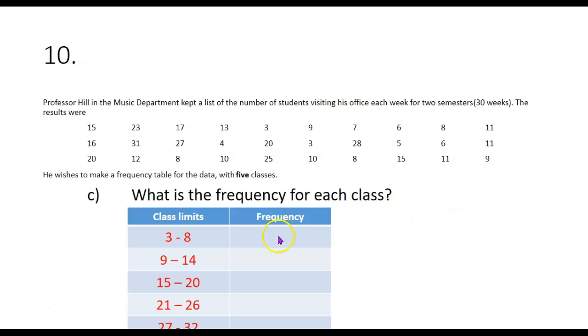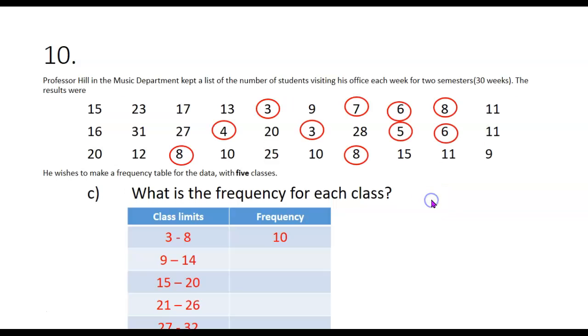So the frequency is that count: how many of these numbers there are in each one of the classes. We have to go through the list of numbers and figure out how many of them are somewhere from 3 to 8, how many of them are somewhere from 9 to 14, and so on. It turns out there are 10 of them between 3 and 8.